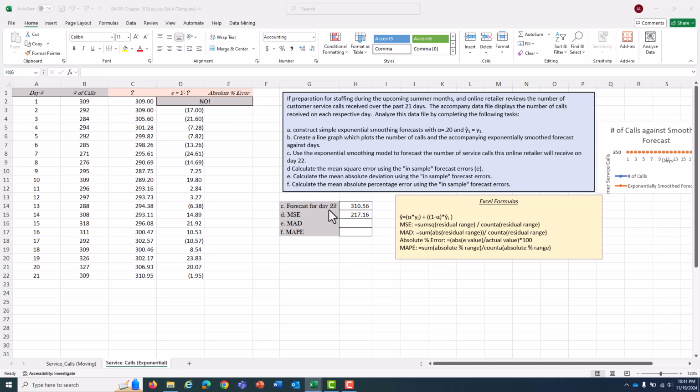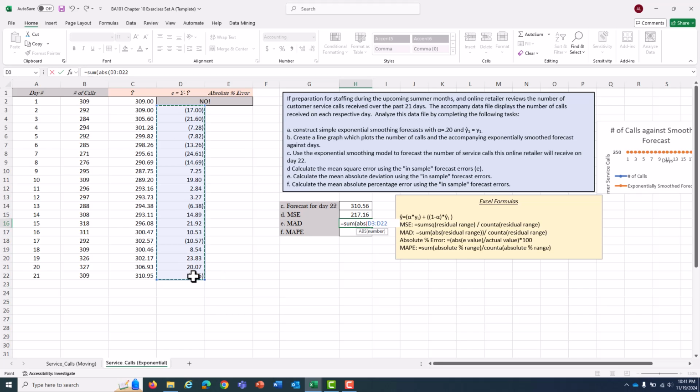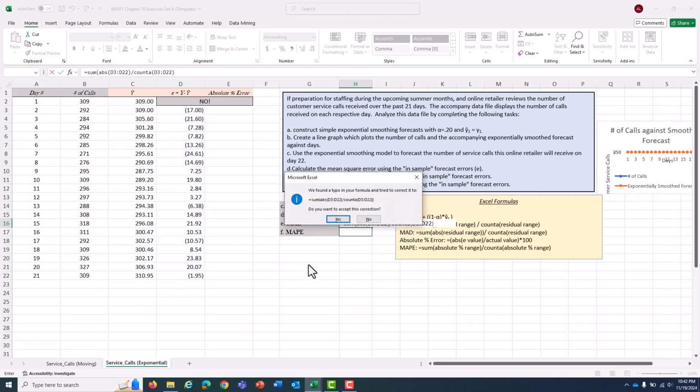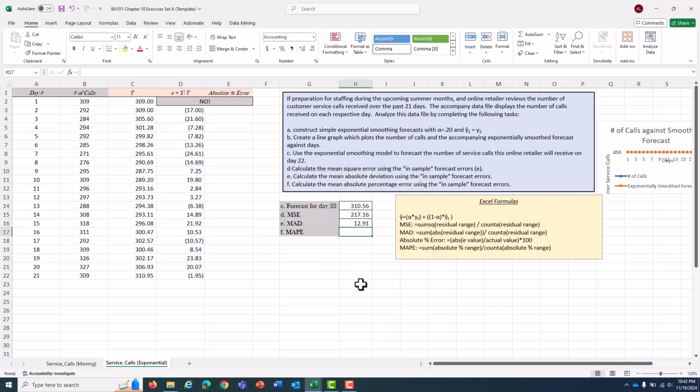In this case, we fill in our mean absolute deviation formula as equal to the sum, open a parenthesis, of the absolute value, so ABS, open another parenthesis, highlight our residual range, which is cells D3 to D22, close that parenthesis, divided by COUNTA of that same residual range, cells D3 to D22, and our formula should look like that. And when I put that in right now, the mean absolute deviation is going to be 12.91.